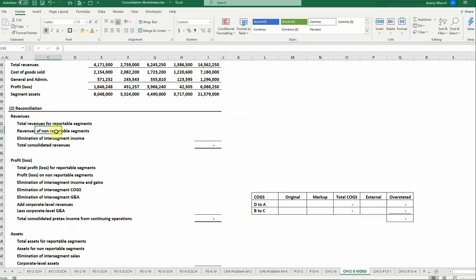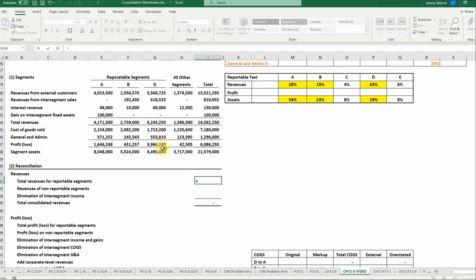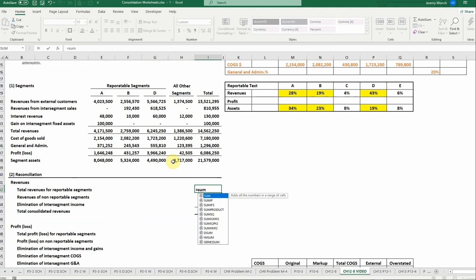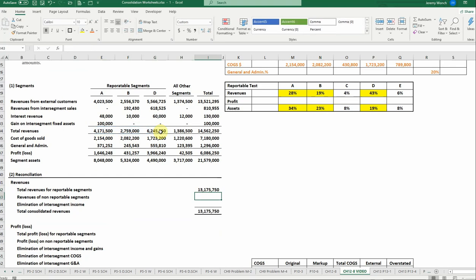So we'll start by reconciling the revenues. And so we start off by the total revenues from reportable segments. All right, so that is going to be total revenues from our reportable segments. So, right, A, B, and D. Then the total revenues from the all other segments.